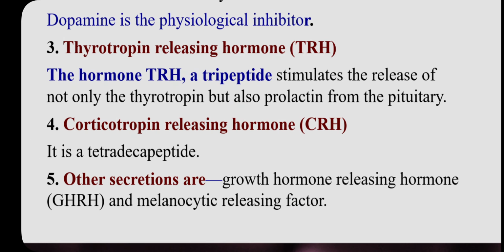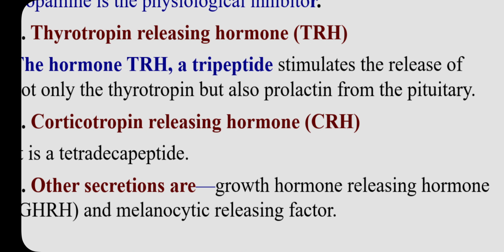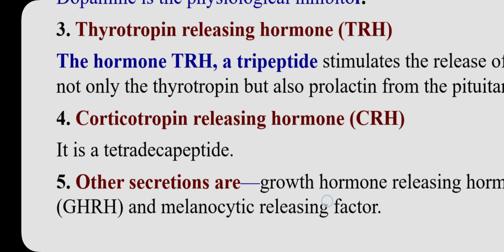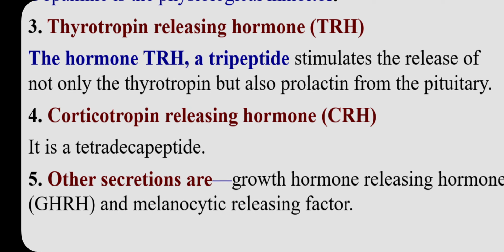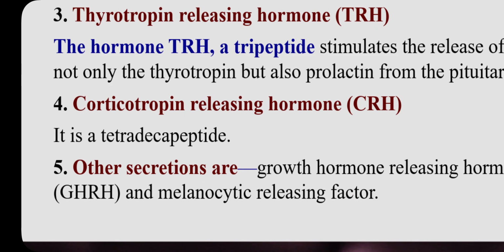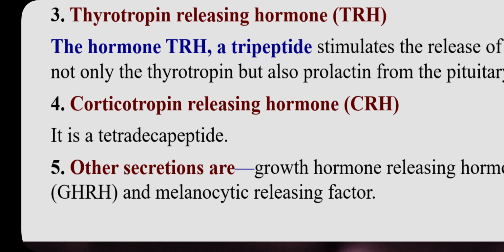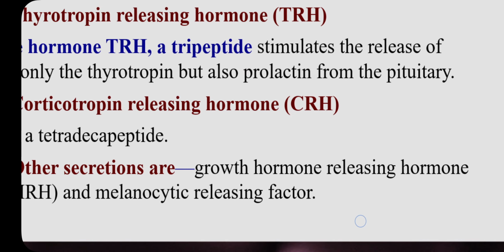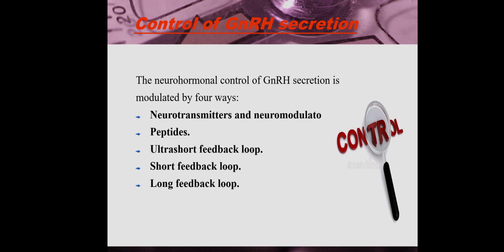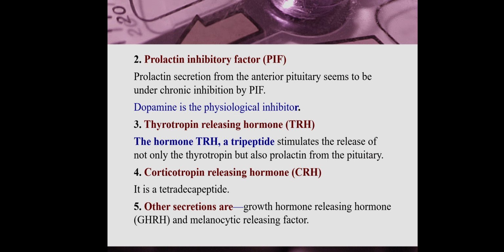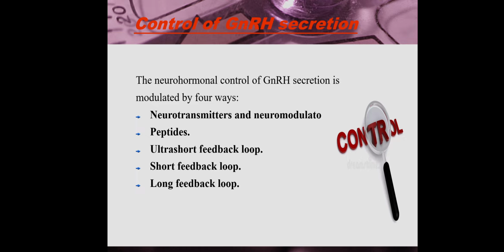Next is the corticotropin releasing hormone, CRH. This is a tetradecapeptide, and it acts on the adrenal cortex to release the corticosteroids. Other secretions are GHRH, growth hormone releasing hormone, and melanocyte releasing factor. So this is about the secretions of the pituitary.